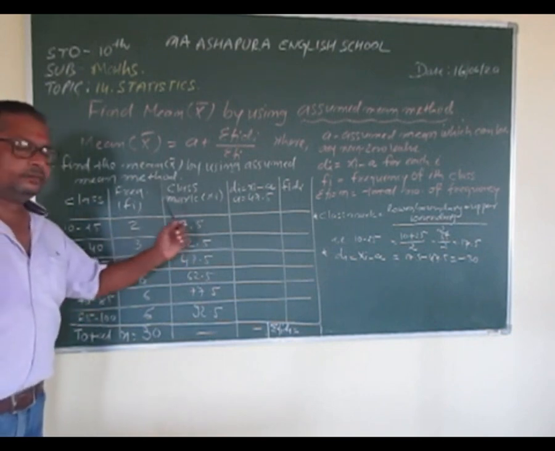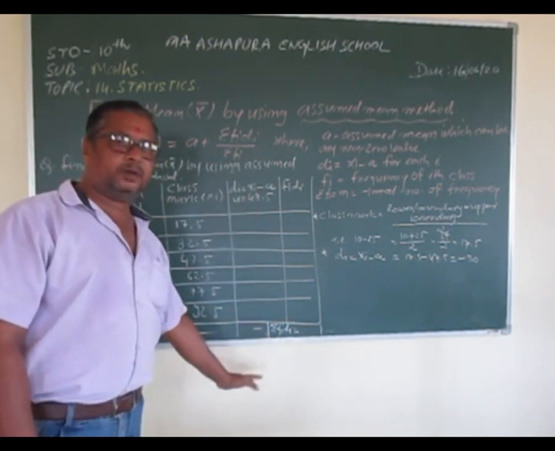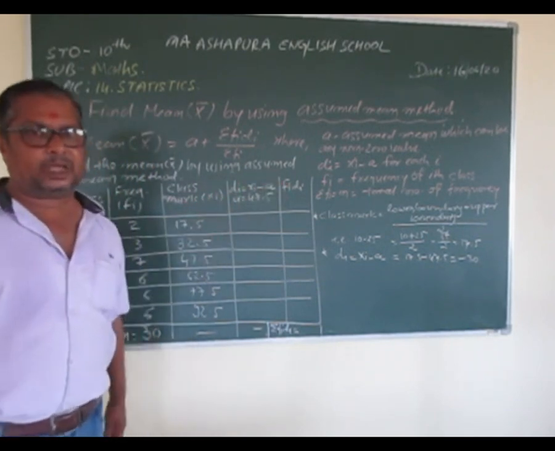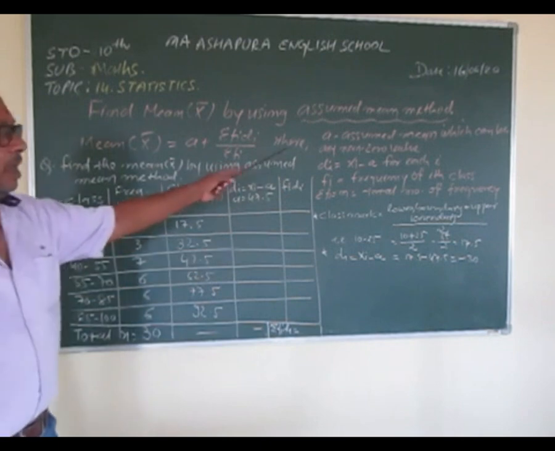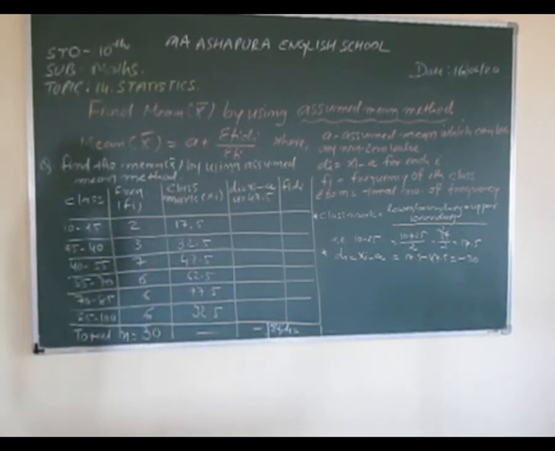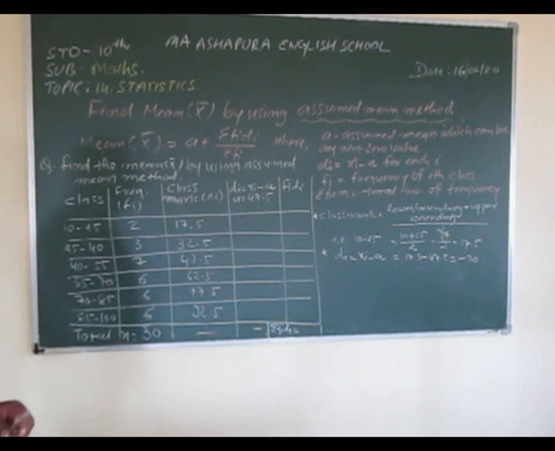Now we go on to fill column number 4. Here di is equal to xi minus a, and we know that very well. A is called the assumed mean, which can be any non-zero value. So we suppose the value of the assumed mean from column number 3, the class marks, any value which is non-zero.